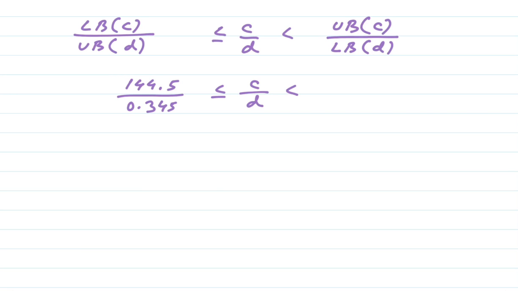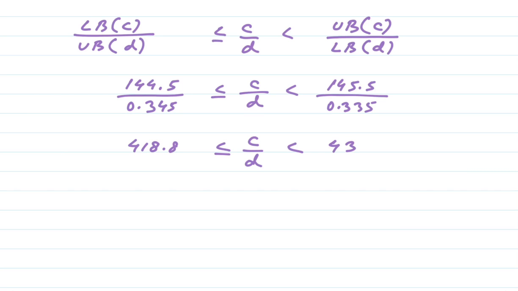The upper bound of C is 145.5, and the lower bound of D is 0.335. So the lower bound of C divided by D would be 418.8, and the upper bound would be 434.3.